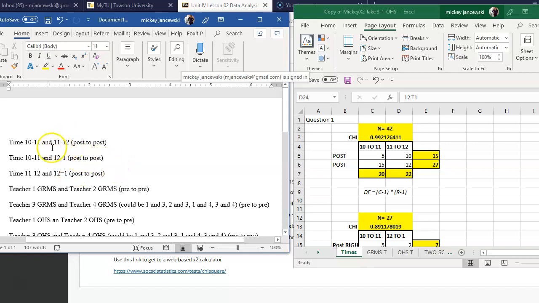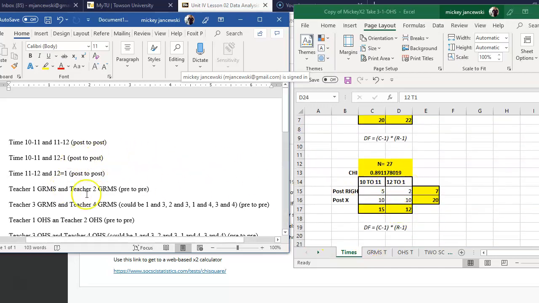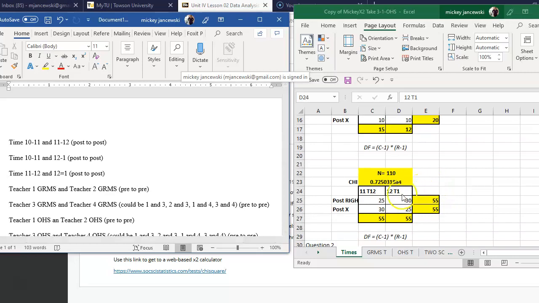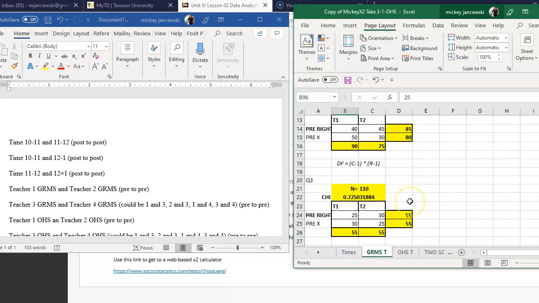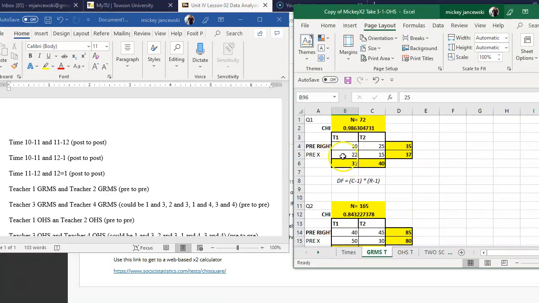So for example, you need to do 10 to 11 and 11 to 12. You need to do 10 to 11 and 12 to 1. And you need to do 11 to 12 and 12 to 1. For Golden Ring Middle School, you're going to take the data from your different teachers that you have in here, and you're going to put which one you're doing.